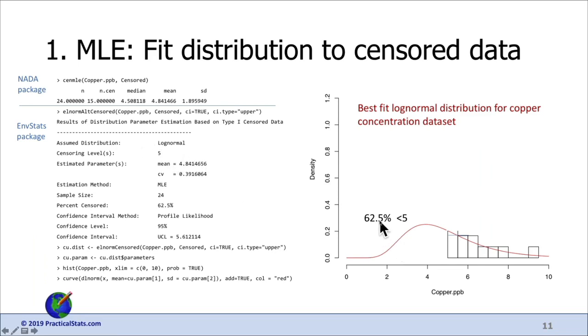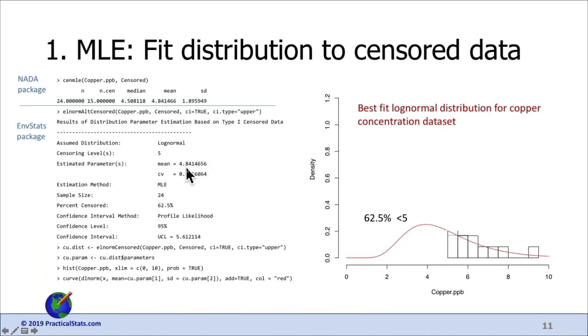And it has 62.5% of its data below the one detection limit of 5. In doing this, it fits the curve to the other 30-some percent of the data represented by these histograms, and leaves a space that should be pretty close to 62.5% of the area under the curve below 5.